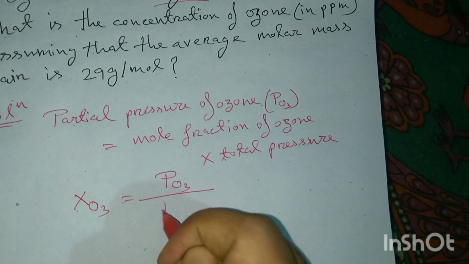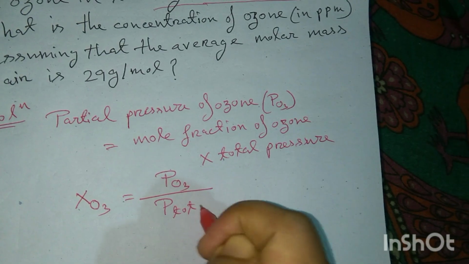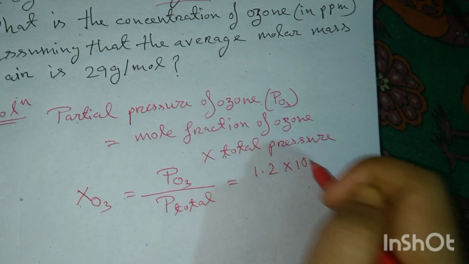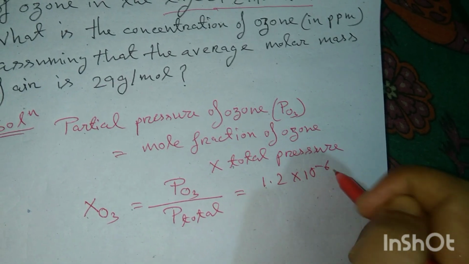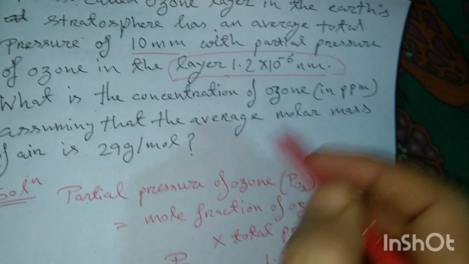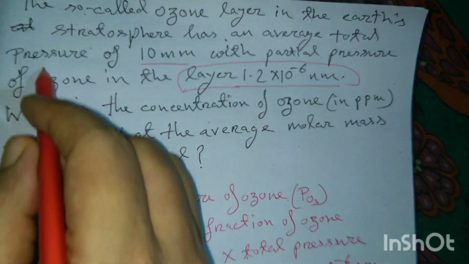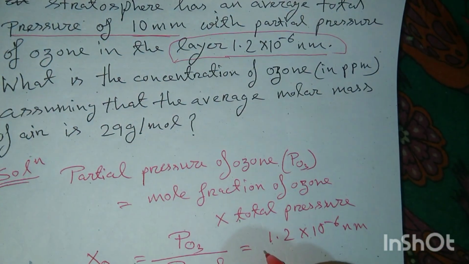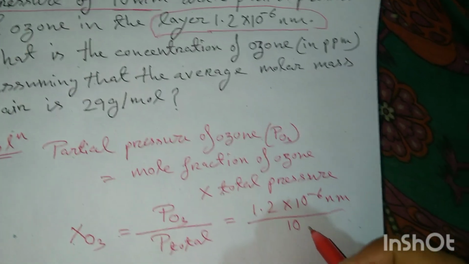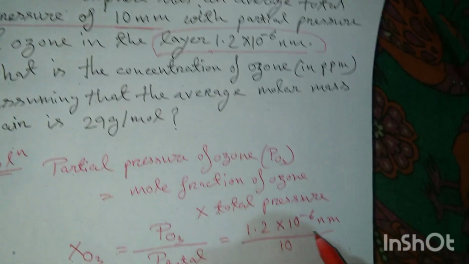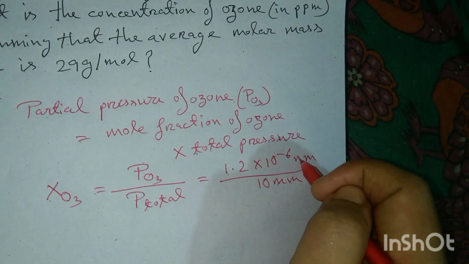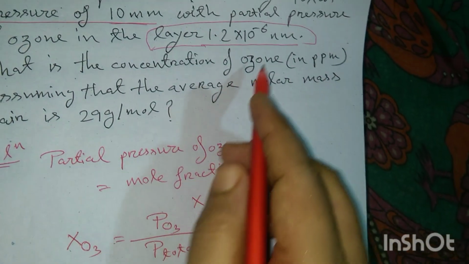Total pressure is P total, PO3 equals 1.2 into 10 to the power minus 6 mm. It is given 1.2 into 10 to the power minus 6 as the partial pressure of the ozone, and total pressure is 10 mm.